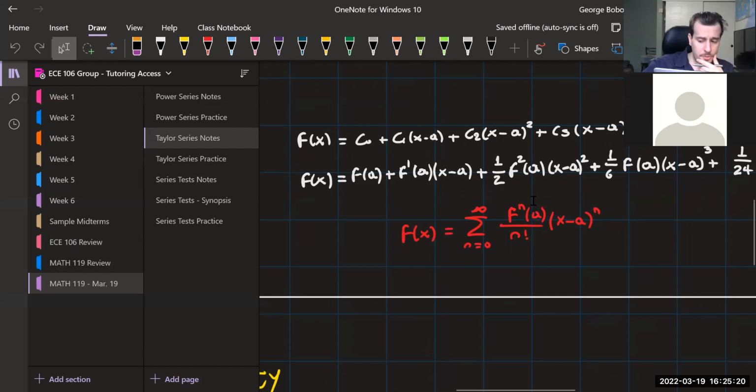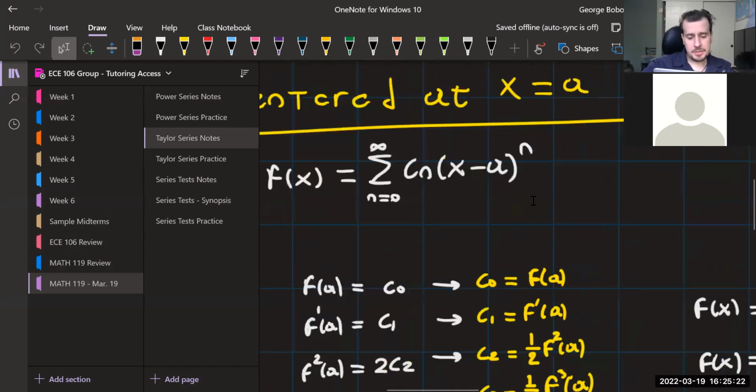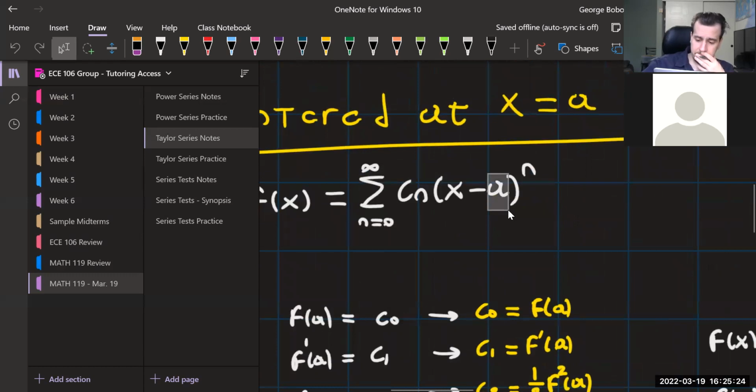So what's the centering parameter, you might say? This guy over here, this a. Remember I said the simple power series again, Kelly, is this, right? That's what we were investigating so far. But I said, I can modify this. I can add or subtract things on the x, right? I can multiply the x by things like constants, right? And those affect now the values of x that we will converge at.